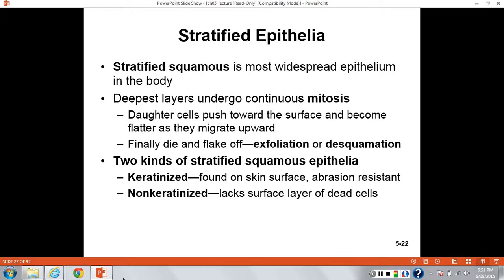If keratinized tissue is on the parts of your body that need to retain moisture, name me places on your body that are already moist. Your mouth, your vagina, your eyes. It is already lubricated. So that's why it's non-keratinized, because it does not need waterproofing, because they're already moist. Make sense?